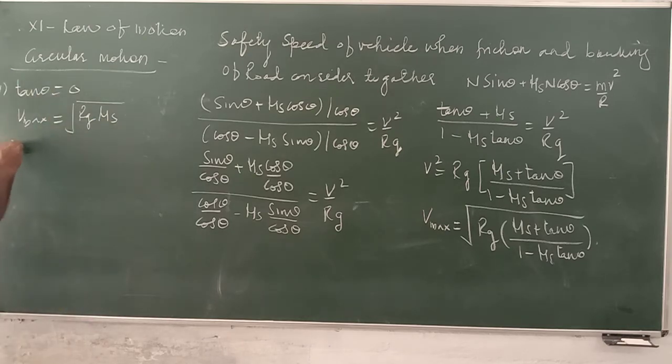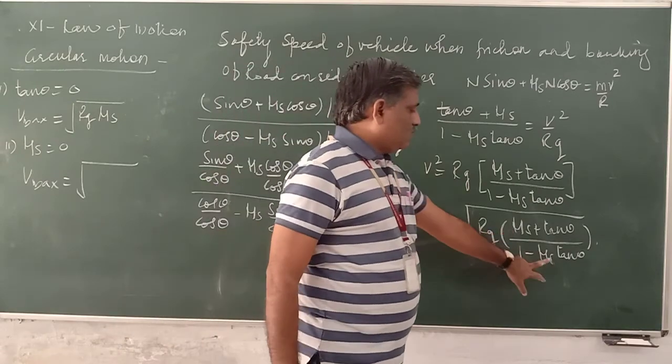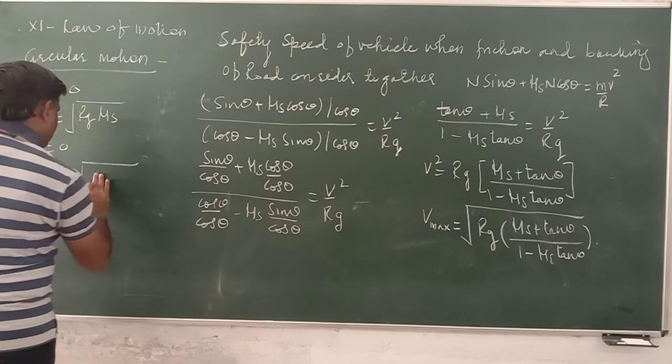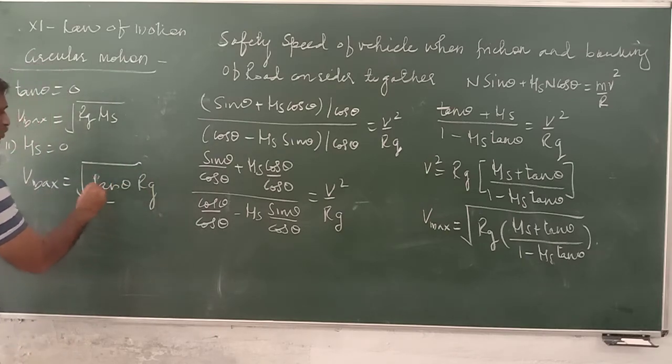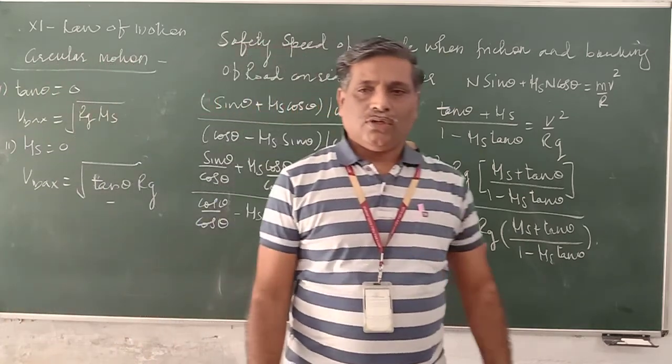Second case, if mu s is equal to 0, v max is under root rg tan theta, because these terms become 0. This was derived in the case of banking of the road.